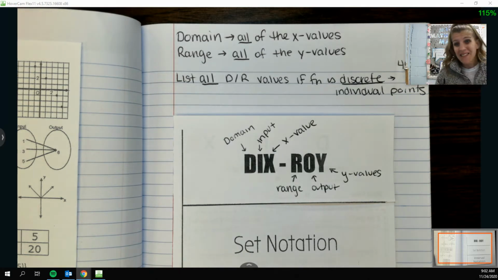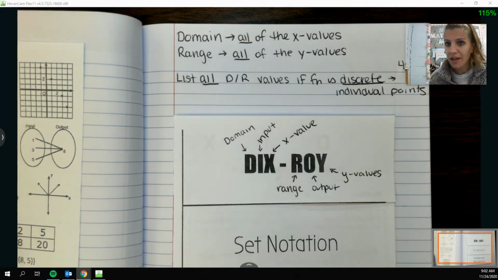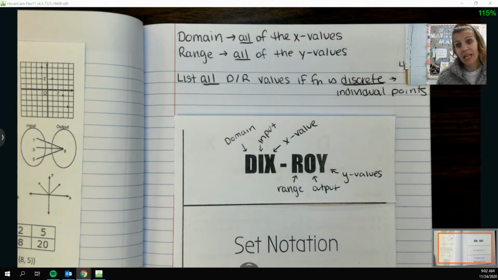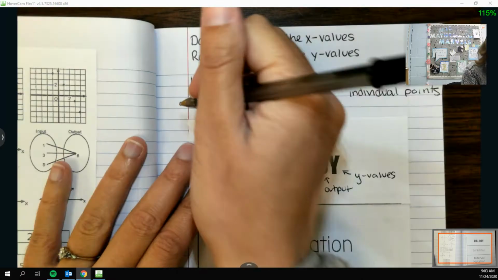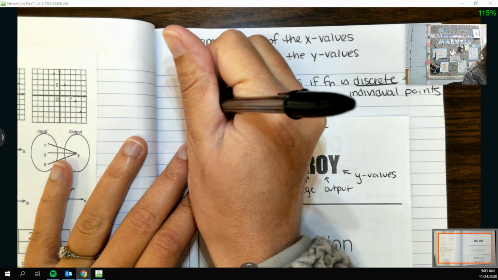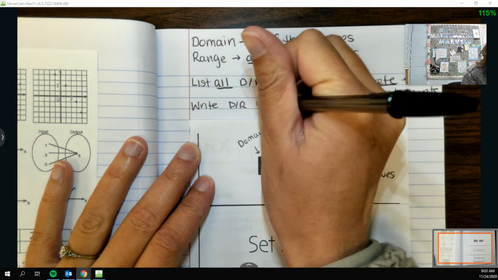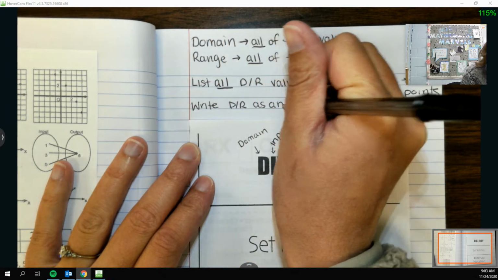But if it's not discrete, if it's something that is continuous and goes on and on, like a graph may, we can't list all of them. We have to write domain and range as an inequality.